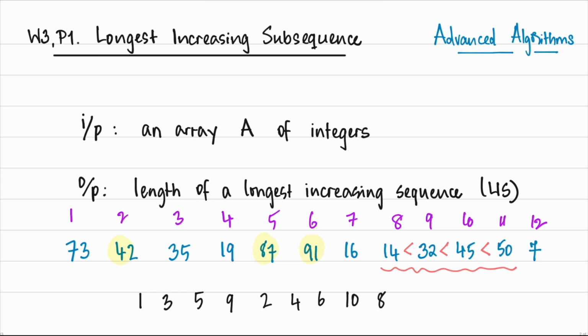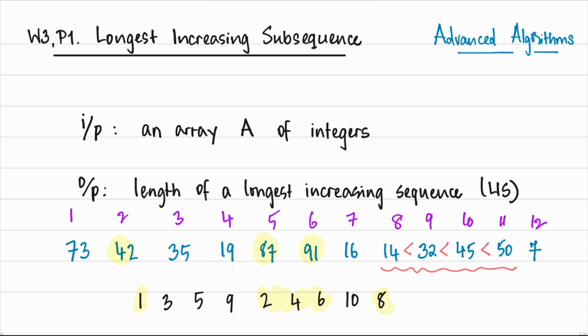All right, this would actually need verification, but I do believe that, for example, we have 1, 3, 5, 9, 10. That would be one subsequence of length 5. We could also do something like 1, 2, 4, 6, and 8. Here is another subsequence of length 5. So there are at least 2 subsequences that are increasing and that have length 5.